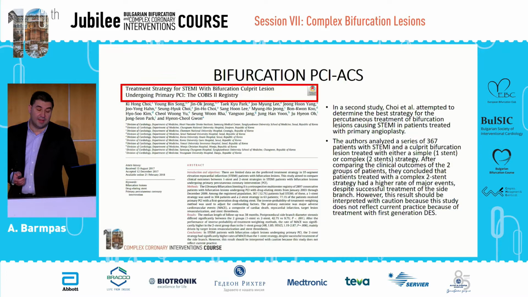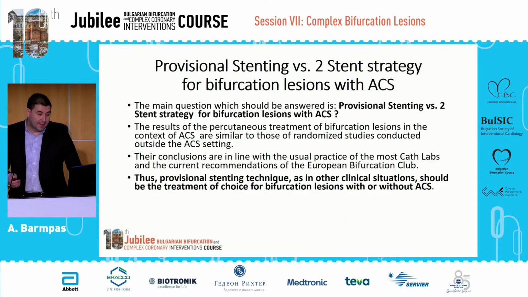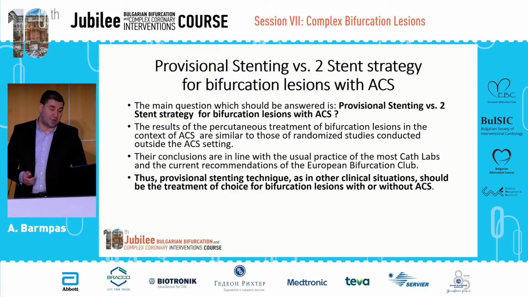After comparing the clinical outcomes of the two groups, they concluded that the patients treated with a complex two-stent strategy had a higher rate of major events, despite successful treatment of the side branch. However, these results should be interpreted with caution because the study does not reflect current practice, because of treatment with first-generation DES. The main question which should be answered is provisional stenting versus two-stent strategy for bifurcation lesions with ACS.